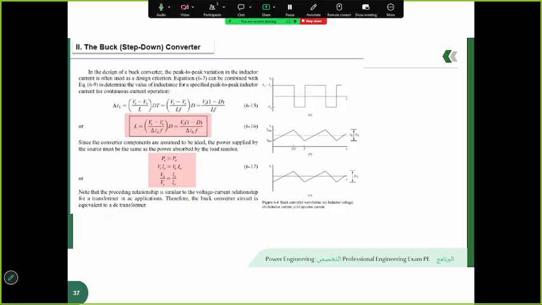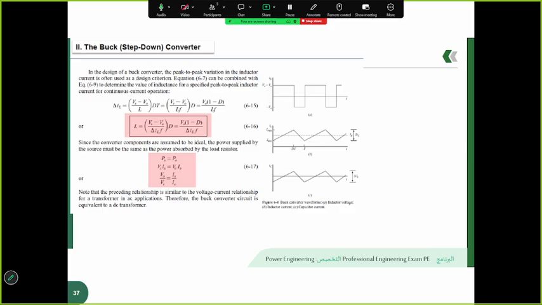This slide continues the explanation of the buck converter and focuses on the design of the inductor and the power balance of the circuit. At the beginning, it explains that in designing a buck converter, one important factor is the peak-to-peak variation of the inductor current, the ripple current, delta I. It shows how this current ripple can be calculated by combining the inductor voltage equation with the switching time.